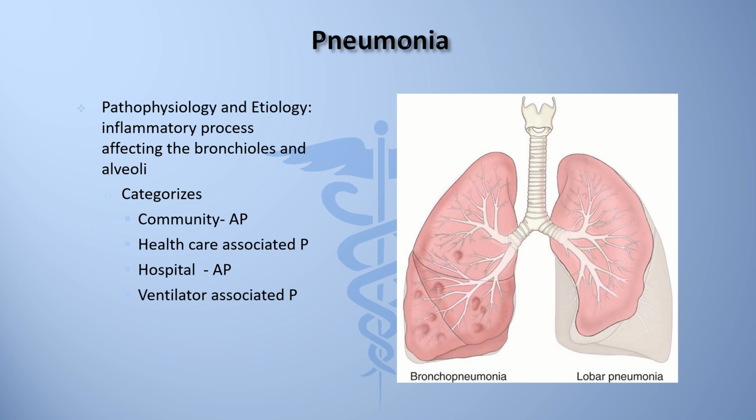You then have hospital-acquired, which occurs more than 48 hours after admission to the hospital, that was not present on admission. Then you have ventilator-associated, which occurs 48 hours or more after endotracheal intubation. Those are just some different ways to catch pneumonia.